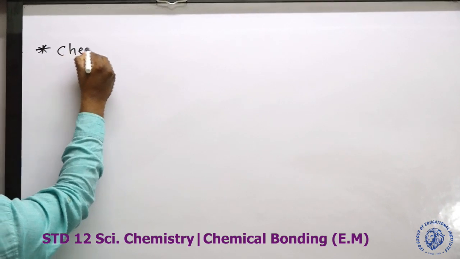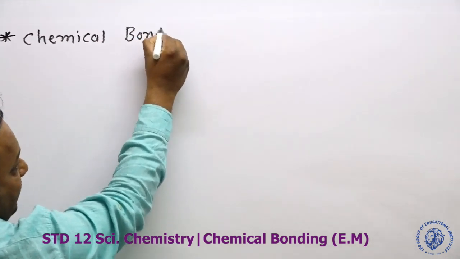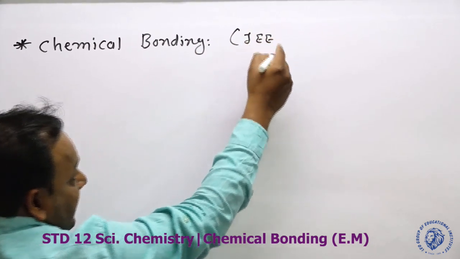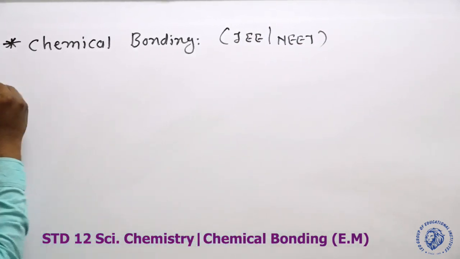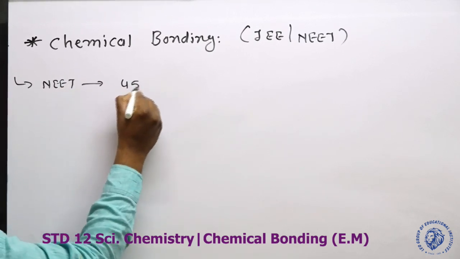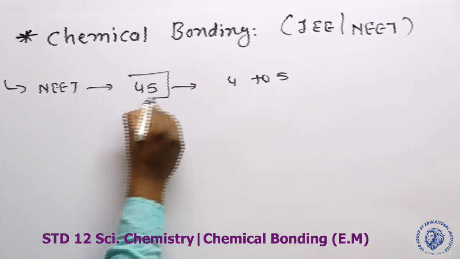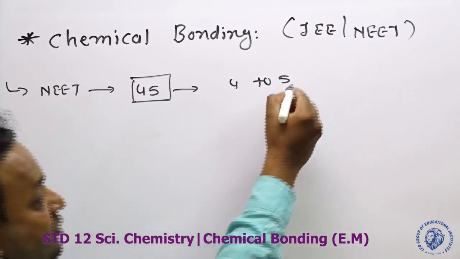Chemical bonding: the maximum number of questions in the board examination, JEE and NEET examination are based on this chapter. In a NEET examination, out of 45 questions of chemistry, around 4 to 5 questions are based on this chapter.